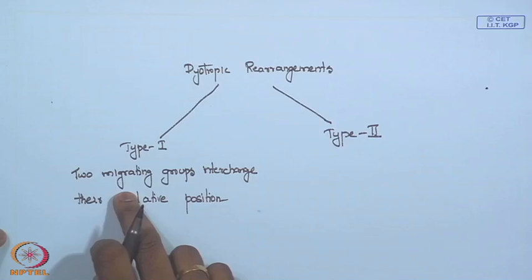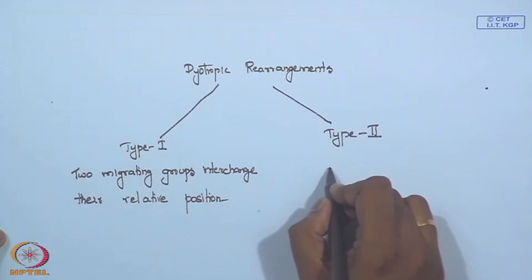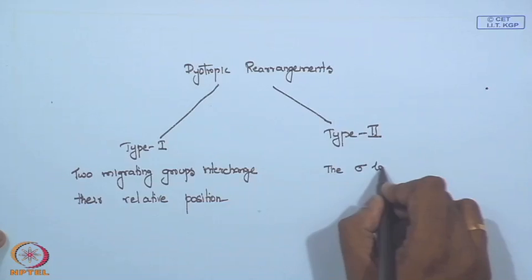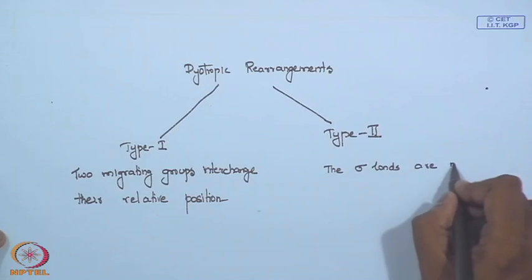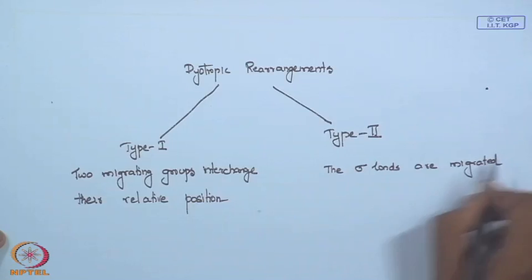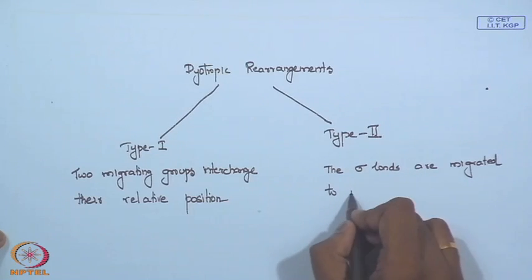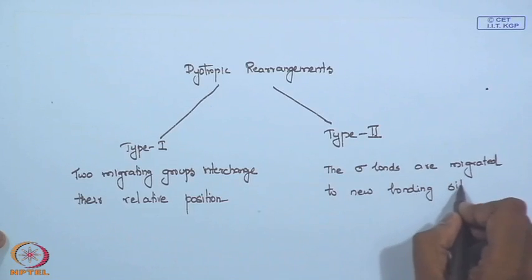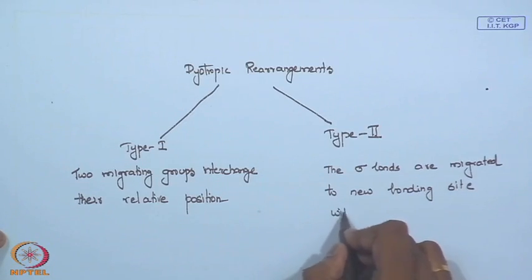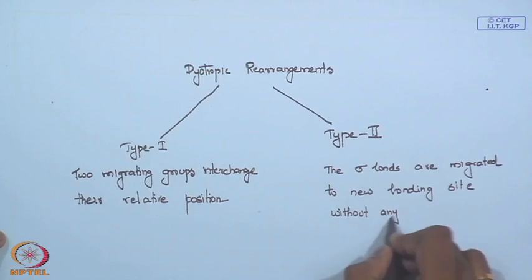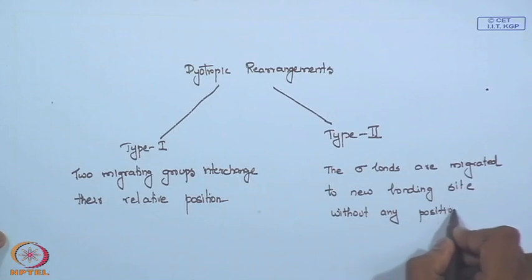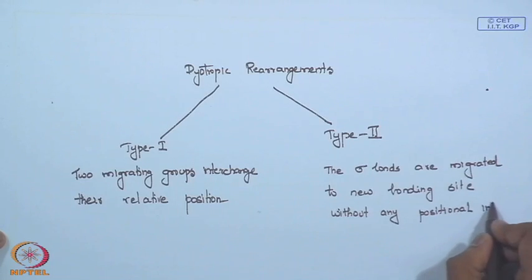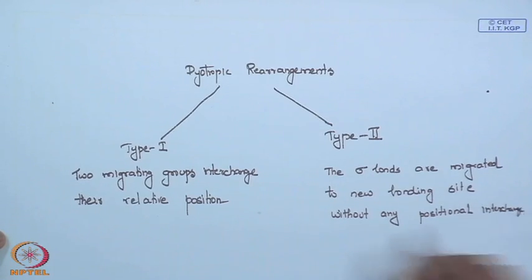In this case, the sigma bonds are migrated to a new bonding site, but important is that it happens without any positional interchange of groups. That is very important.